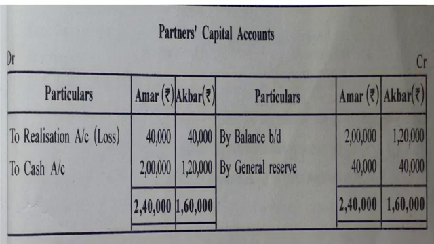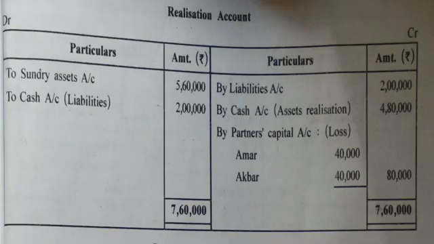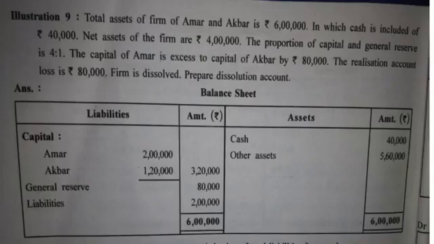So the next thing that we have written on credit side is general reserve. Where does this come from now? General reserve 80,000 is here. Also this is obtained by us on the basis of necessary calculations.